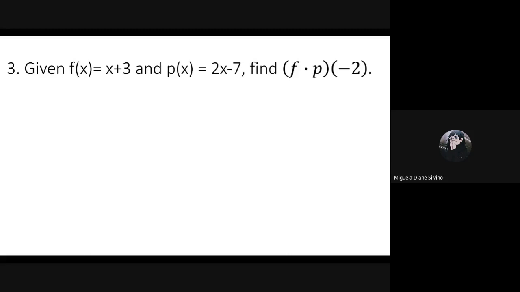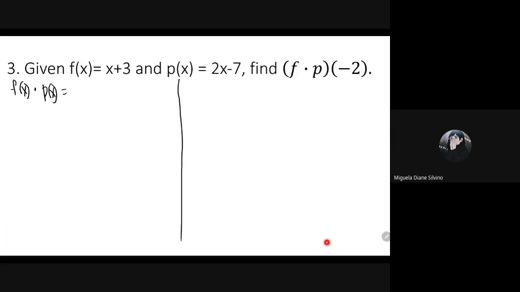Okay, sino pa? Christina resubmitted her answer as negative 11. Now, there are 2 ways how to solve this one. Let's solve this one using the function f of x multiplied by p of x. Okay, Maria, negative 11. Ariel, Nicole, negative 11. So, paano nangyayaring ganito?